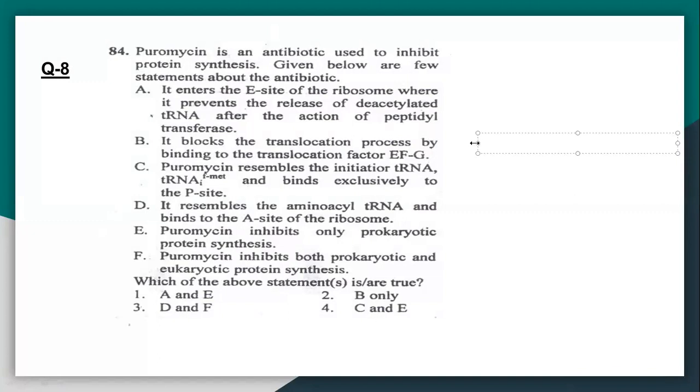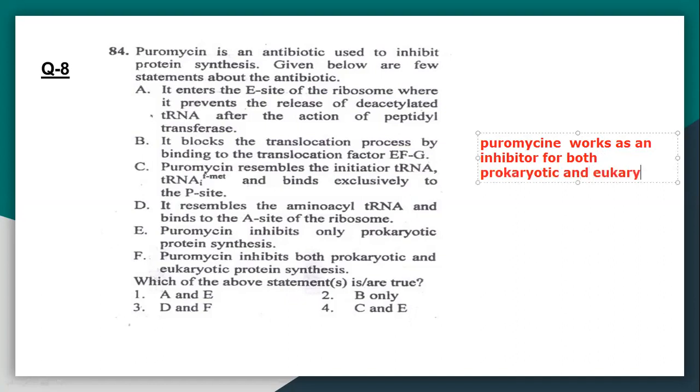So puromycin works as an inhibitor for both prokaryotes and eukaryotes, right?